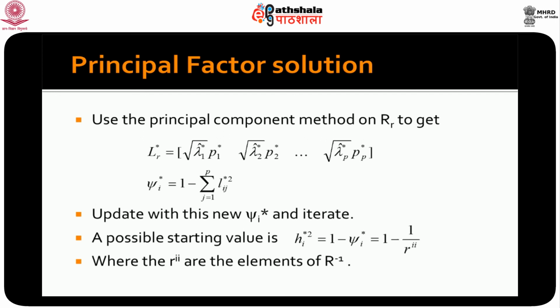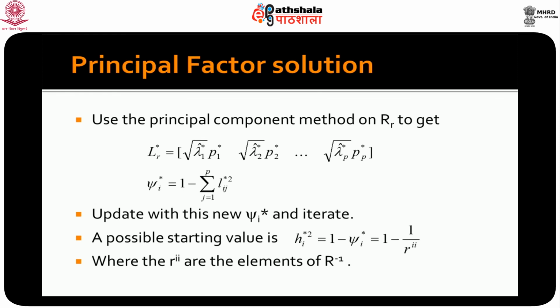Once having got that and having chosen the number of variables, having selected that we are going for p of the principal components, or the first p columns, and deleting the last m minus p columns, we can now get the uniquenesses again as 1 minus summation j equal to 1 to p of l i j star square. Now once having got this uniqueness, we have got the factor type of model again, but then we started with arbitrary h values.